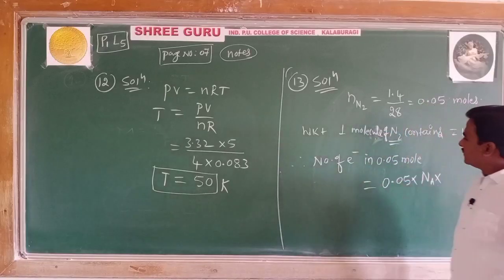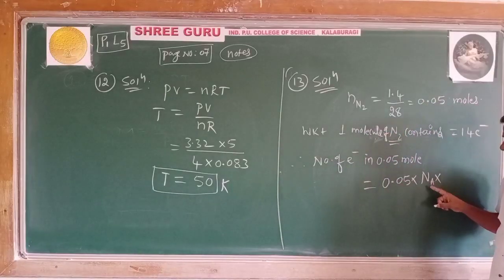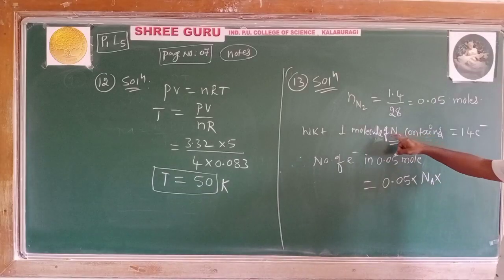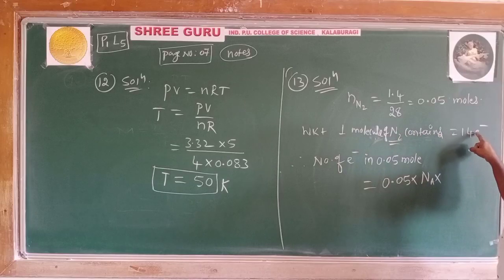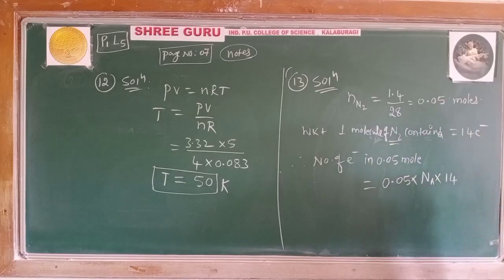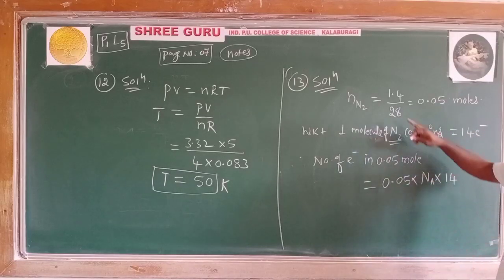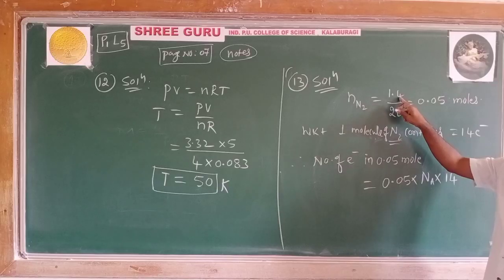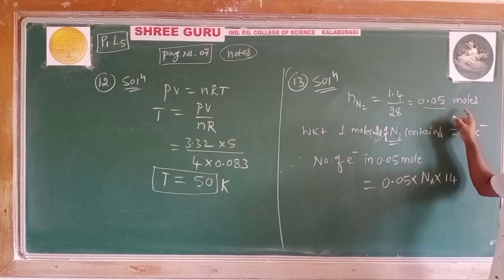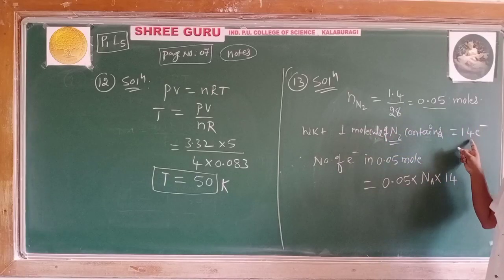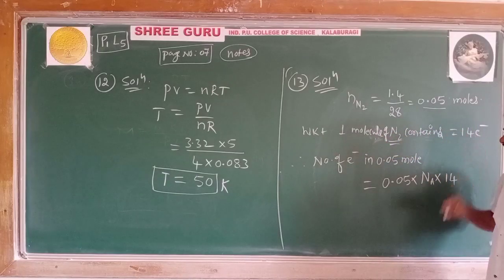See, each mole of a substance contains Avogadro number of particles, Na, and each molecule of dinitrogen contains 14. Make it very clear. Mass of the dinitrogen is given. By using mass we have calculated moles, and we know that each molecule of N2 contains 14, 7 plus 7, 14 electrons.